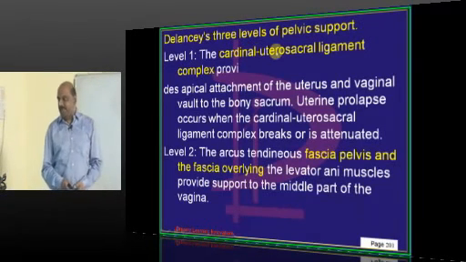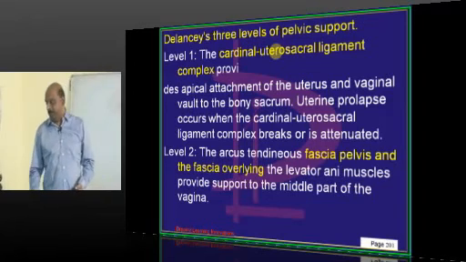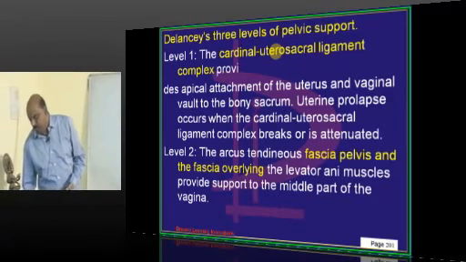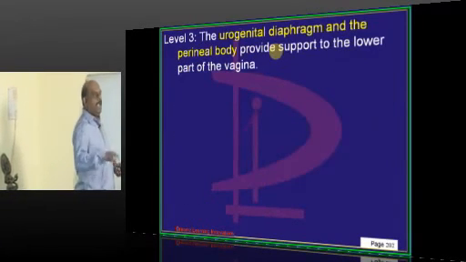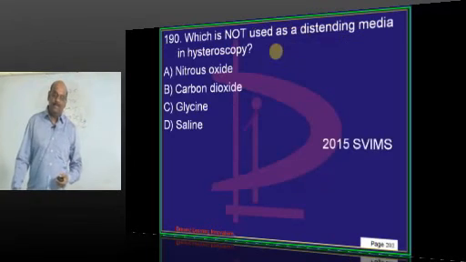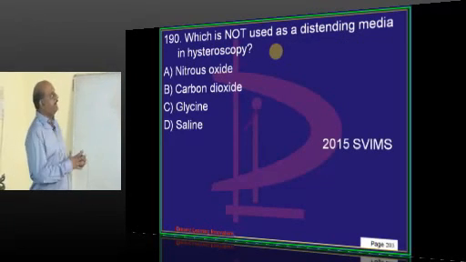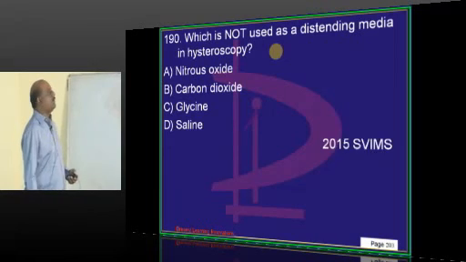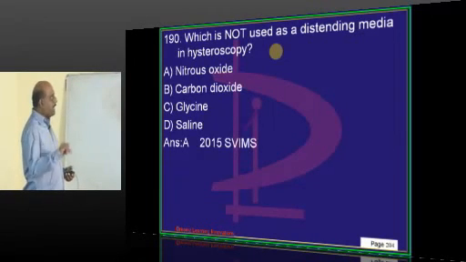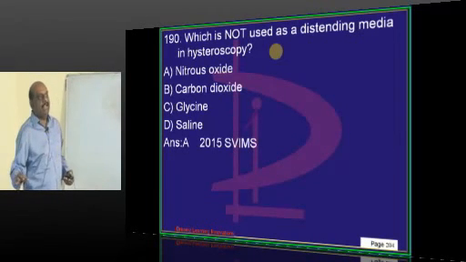So don't forget DeLancey's 3 levels of pelvic support. You won't be surprised if the same question comes back on Sunday. Which is not used in distending the uterus in hysteroscopy? They use carbon dioxide, glycine, saline, all 3.